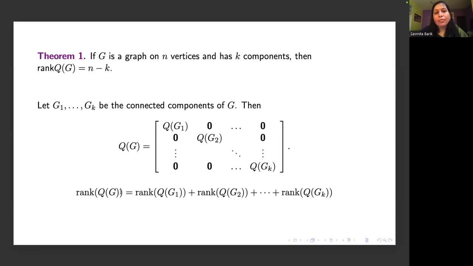And then the rank of this is equal to rank of QG1 plus rank of QG2 and so on. And because they are connected components, if there are n1 vertices, you can say that the rank of QG1 is n1 minus 1. So if you add, you will get n minus k. So if your graph is disconnected with k components, then the rank will be n minus k.